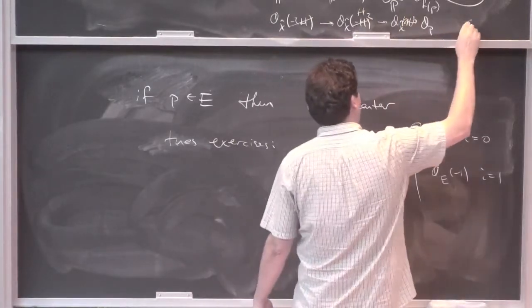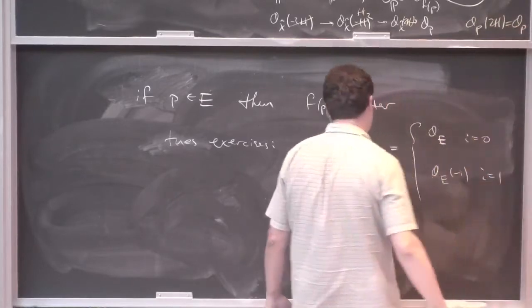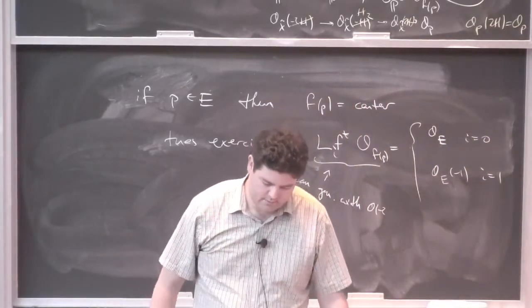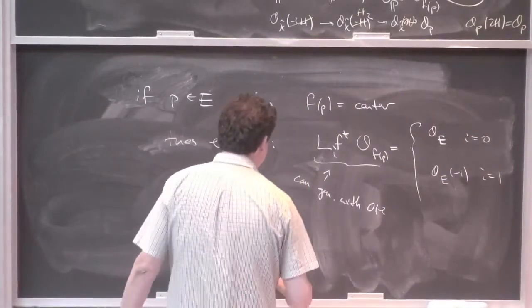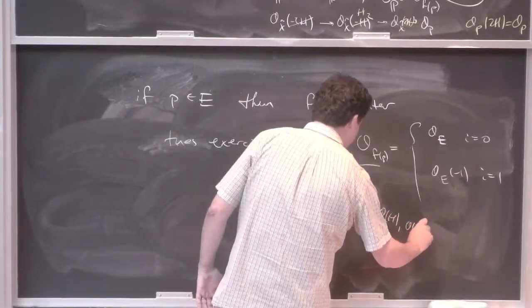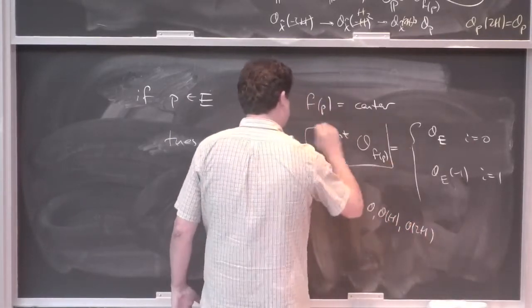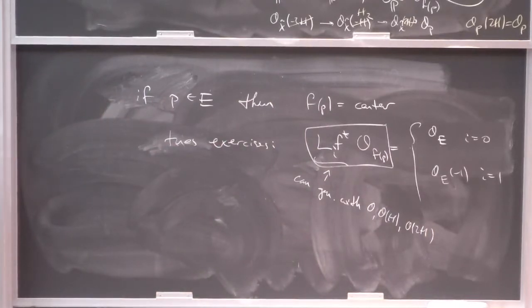And then twist OP of 2H is OP. So that doesn't matter. So these we can generate with O of H, O of 2H. This complex with two cohomologies I can generate with those three.